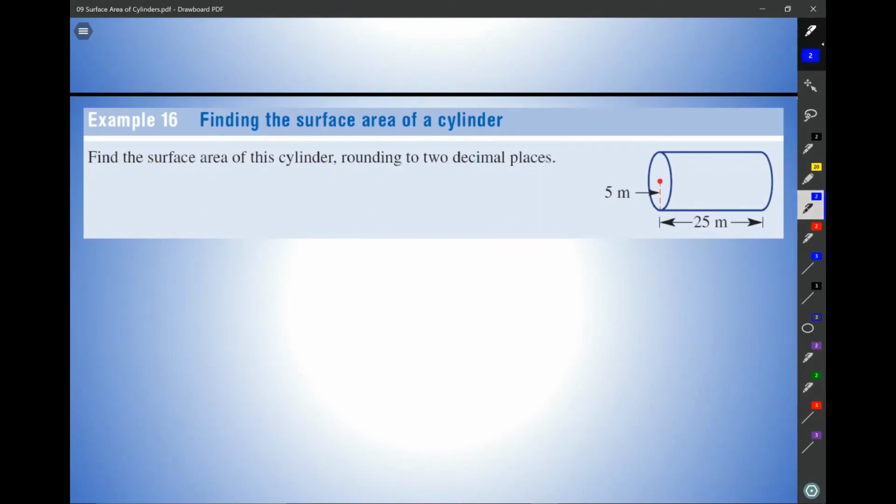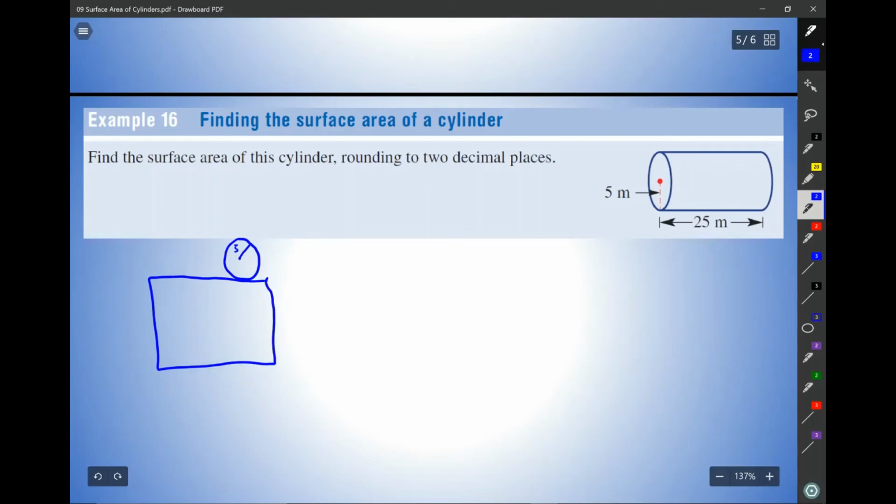So we have our circle with radius r, radius 5 meters, sorry. We have our rectangle that has a height of 25, and the base here is 2 times pi times r, which is 5.